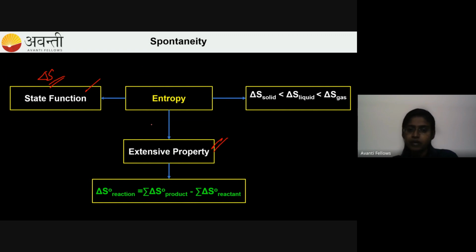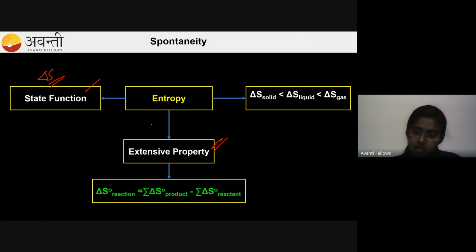We might have studied the definition of extensive property in thermodynamics. The properties whose value changes on changing the size of the system are called extensive properties. So entropy is also an example of an extensive property. If we change the size of the system, the entropy also changes.